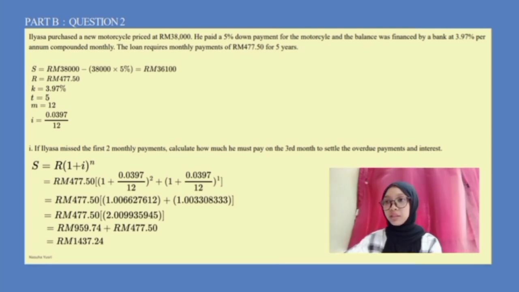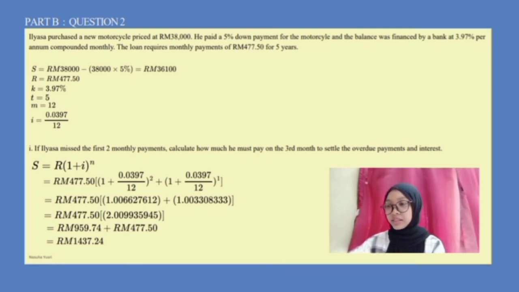Rm 477.50 bracket 1 plus 0.0397 divided by 12 close bracket in the power of 2 plus bracket 1 plus 0.0397 divided by 12 close bracket in the power of 1.